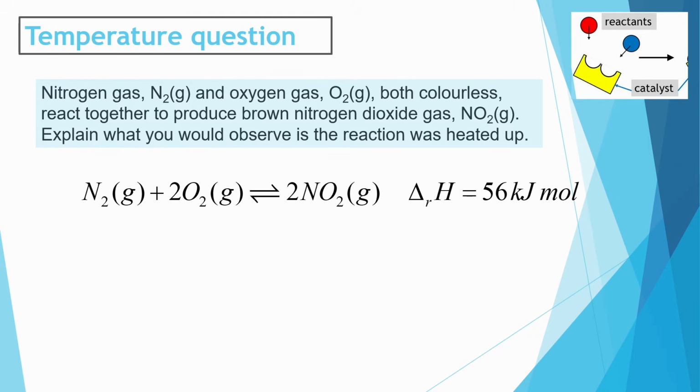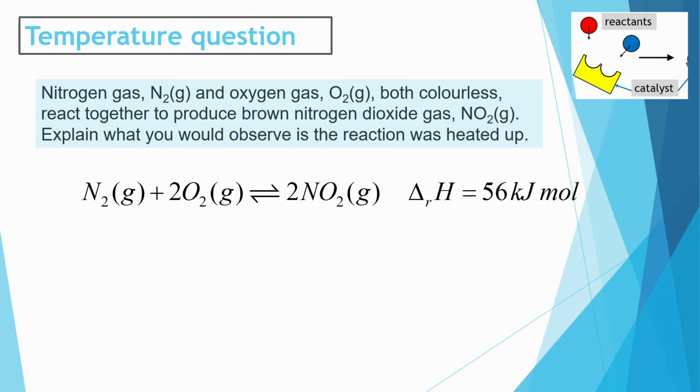So here's an example here. Nitrogen gas and oxygen gas, both colourless, react together to produce a brown nitrogen dioxide gas. Explain what you'd observe when the reaction was heated up. Now, notice here that I haven't put a positive in here, but because there's no negative and we know this is a positive number, therefore this is endothermic.